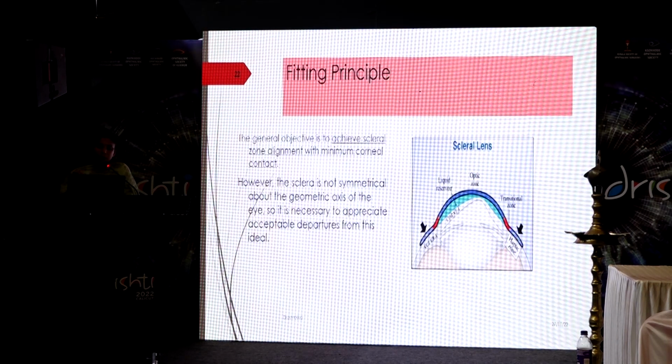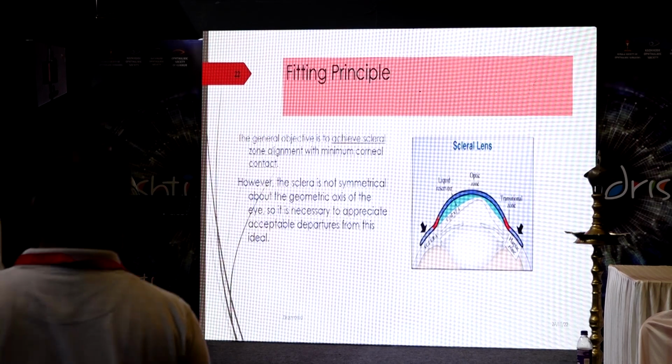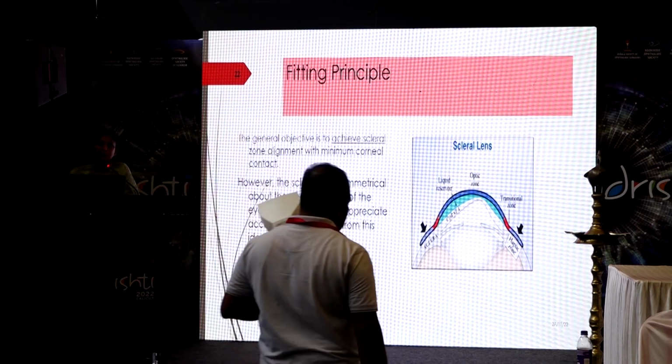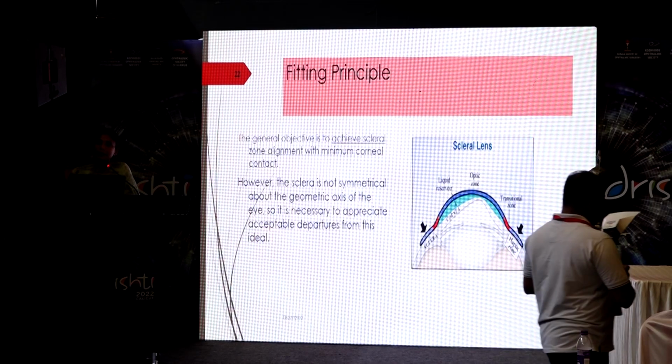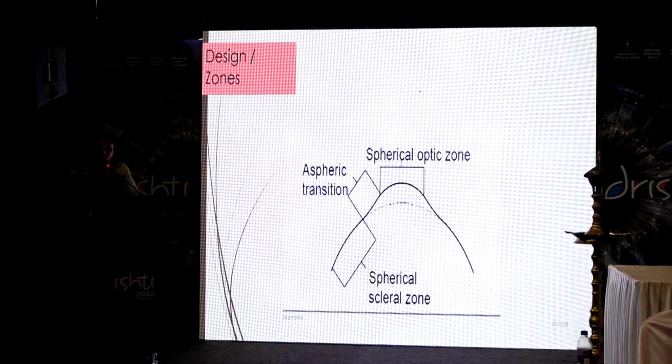The fitting principle is to achieve scleral zone alignment, because all the bearing is over the sclera, with minimum corneal contact. You also need to understand the profile of the cornea. Because these lenses go beyond the limbus, it is not just the corneal topography, the scleral topography also needs to be understood in all our cases.